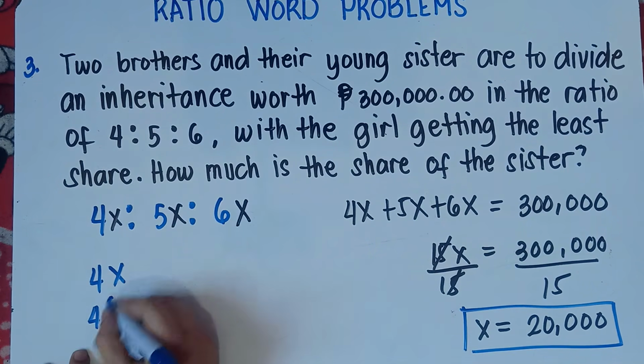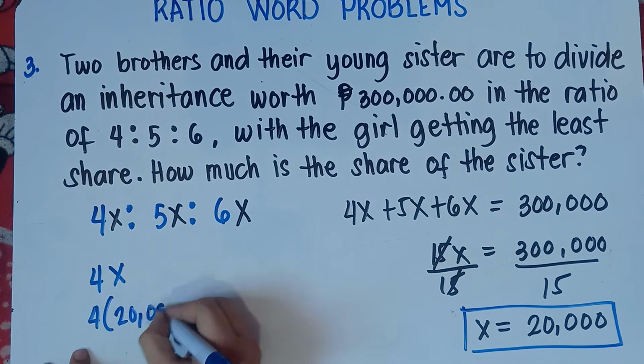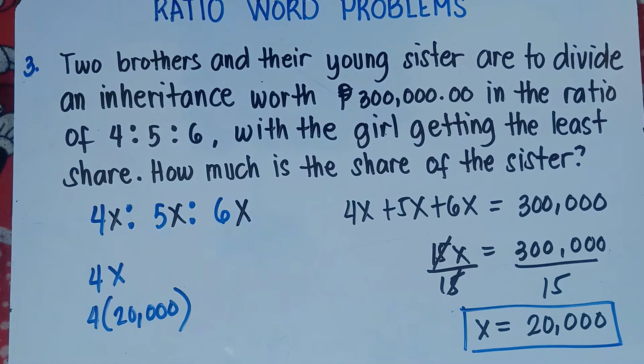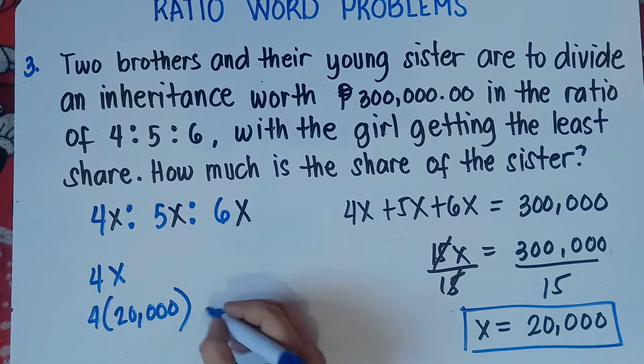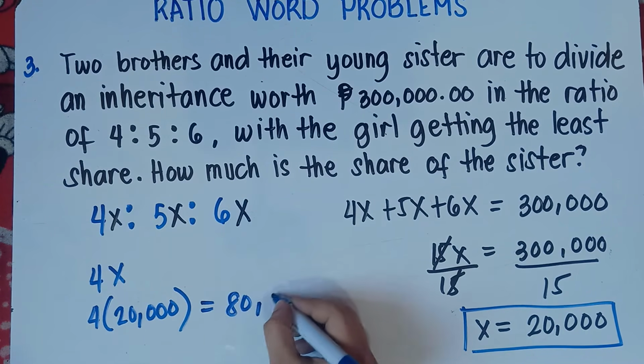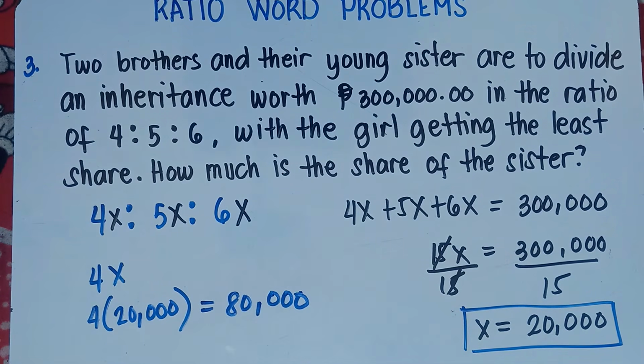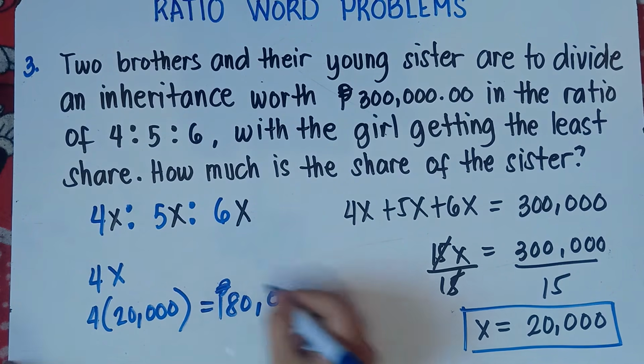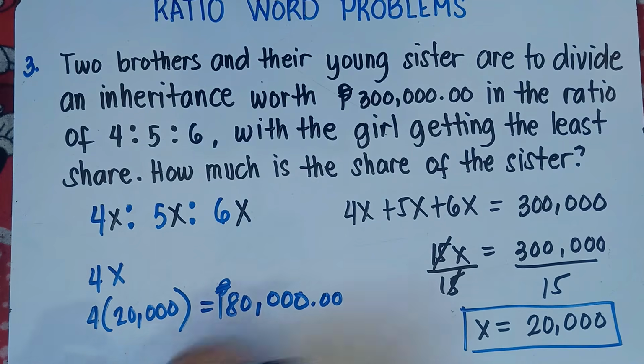So 4 times 20,000 for x. Therefore, the share of the sister, 4 times 20,000, that is 80,000. Alright, so 80,000. That's it, class. That's the answer for number 3. So 80,000 pesos. That's the share of the sister.